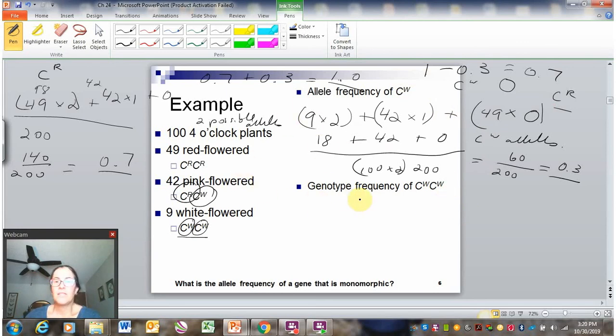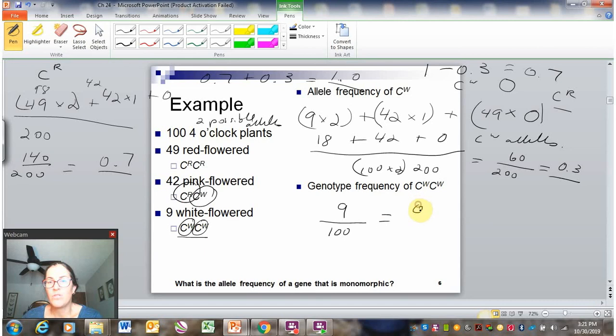Okay, so let's take a look at genotype frequency. It's a little simpler here because the genotype represents individuals. For CWCW, the only individuals that have that genotype are the white-flowered. There are 9 of them, and the total number of genotypes is the same as the number of individuals, so that's out of 100.